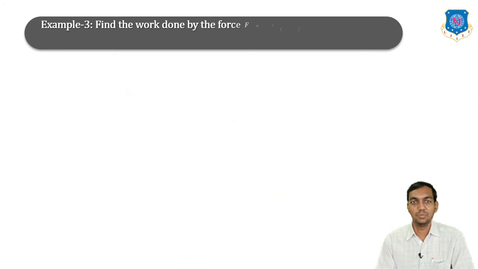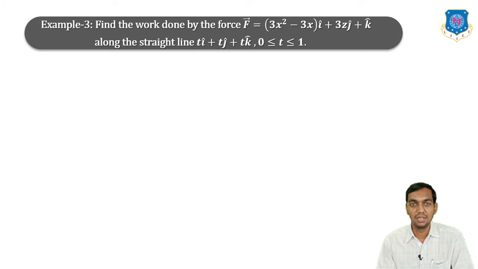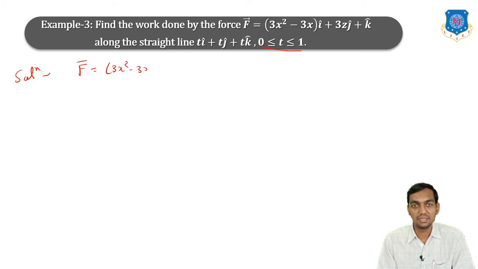Now, third example. Work done by the force field F bar equal to this along the straight line from t is equal to 0 to t is equal to 1. If you start with the formula of work done, first you require F dot dr. So F bar is equal to (3x square minus 3x) i plus 3z j plus k, and dr is equal to dx i plus dy j plus dz k.